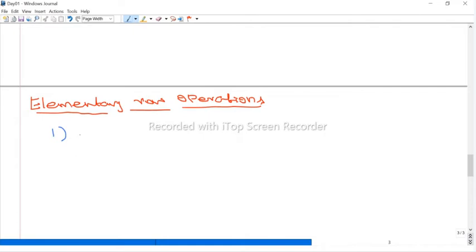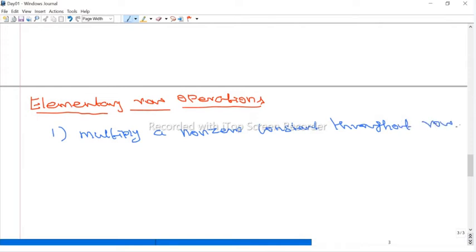So we can multiply a non-zero scalar or constant throughout the row. Multiplying a non-zero constant throughout the row is one of the elementary operations, the first kind.